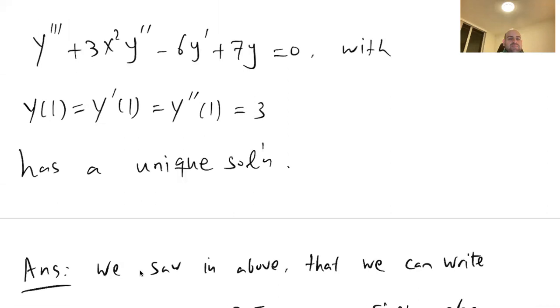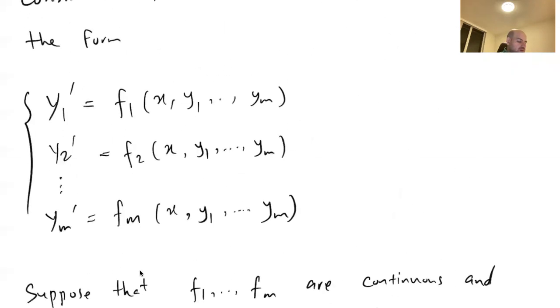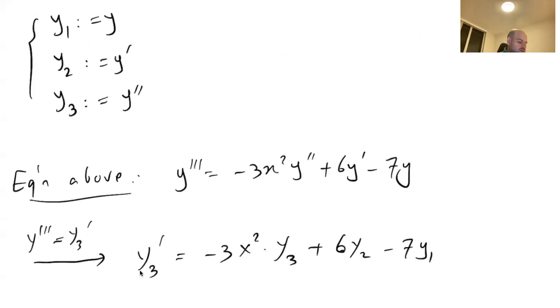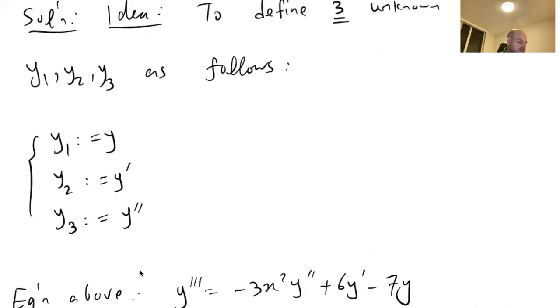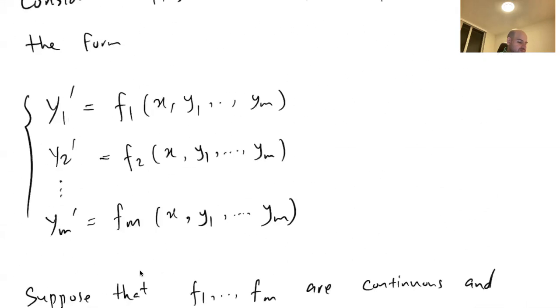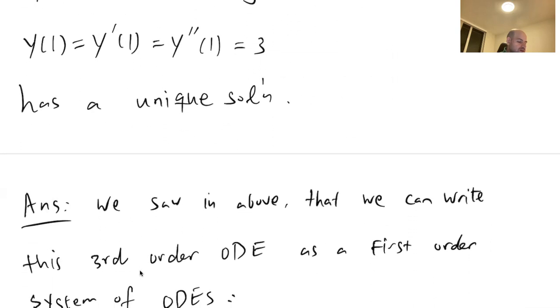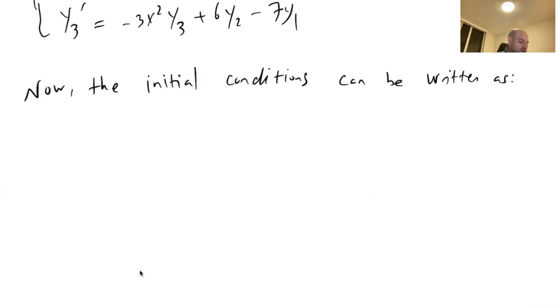But what is y? Y was same as y1. Remember, we said y is same as y1, y2 will be same as y prime, y3 will be same as y double prime. So y of 1 equals 3 can be written as y1 of 1 equals 3. Note that y1 is same as y.